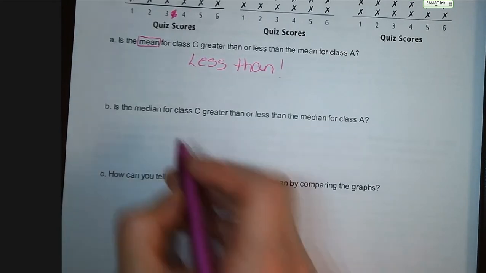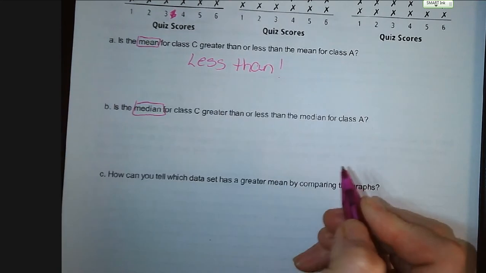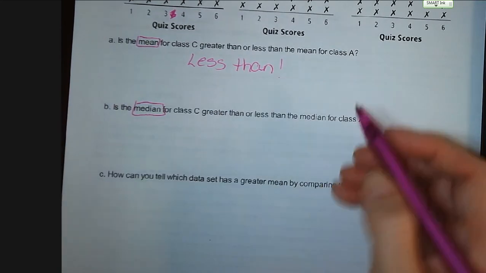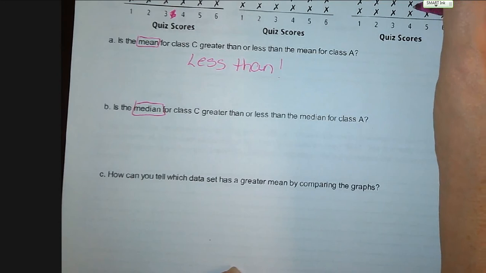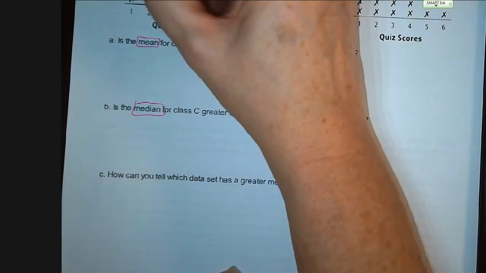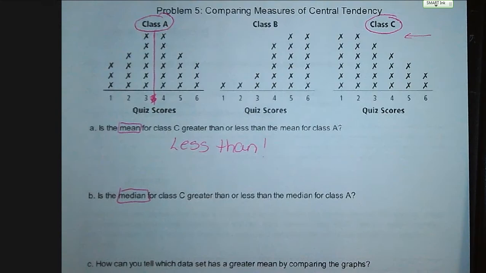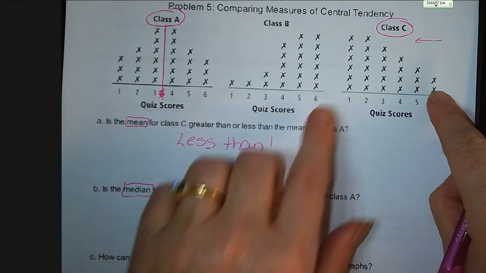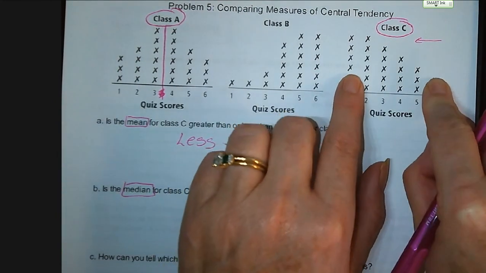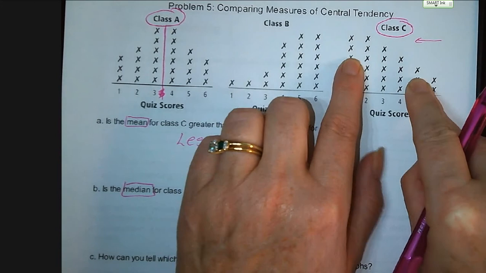Is the median for Class C greater than or less than the median for Class A? You have to be the middle. So the middle number, you actually pushed it up a little high. Oh, sorry. All right, so we're learning. In the middle over here, I might have to do a little bit of work. We might have to think about this one a little bit. 3, 6.